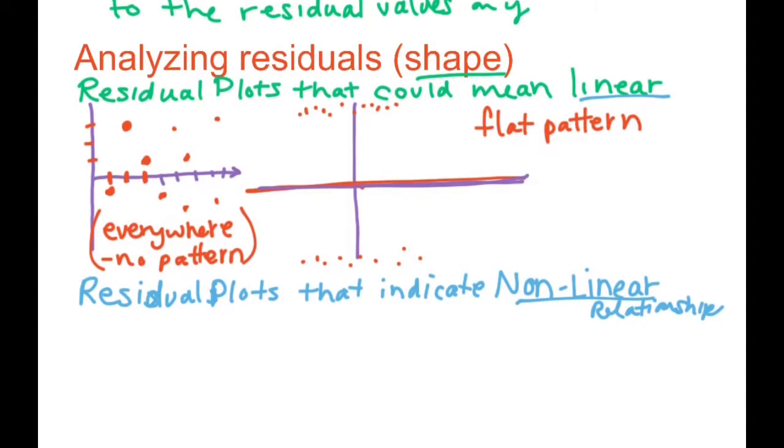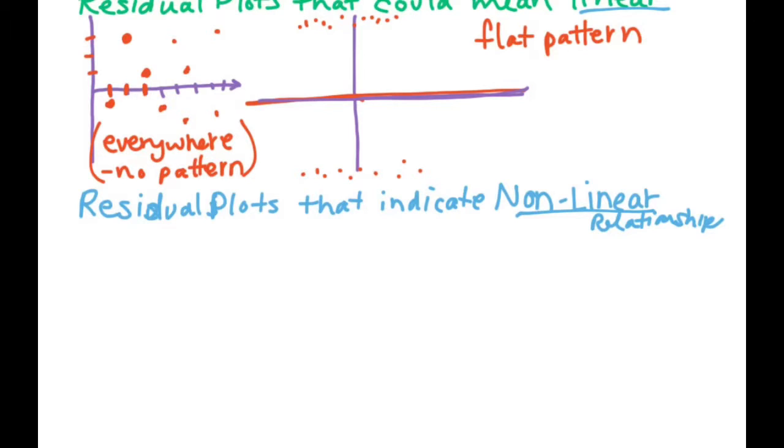But the nonlinear ones could look like this. Again, we have this sideways T-looking graph, and it could go like this. It starts out looking normal and good, but then all of a sudden it starts to curve at the end. Do you see how that looks like a ramp above or below?